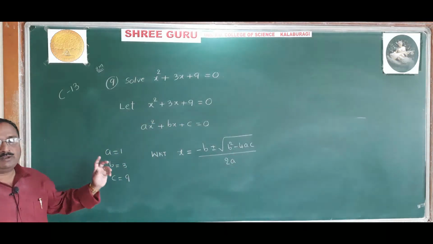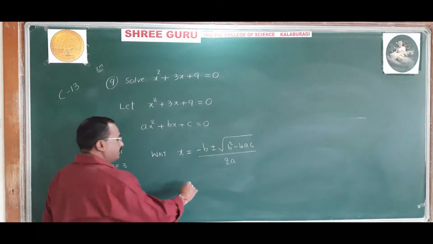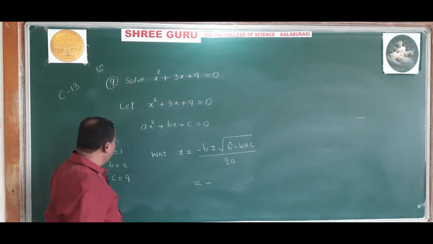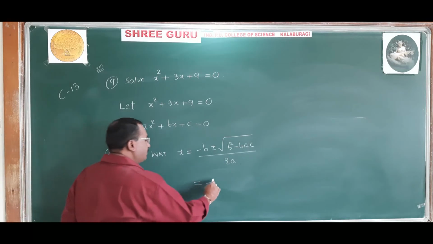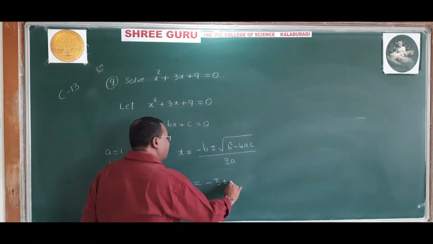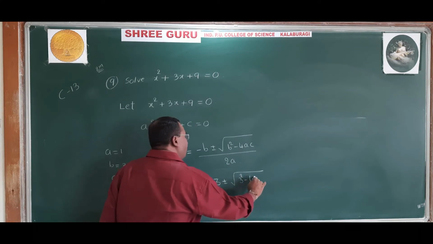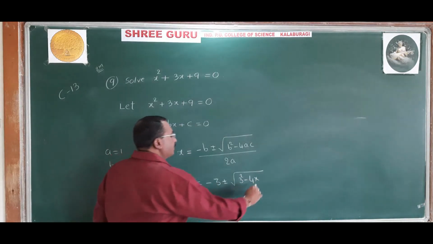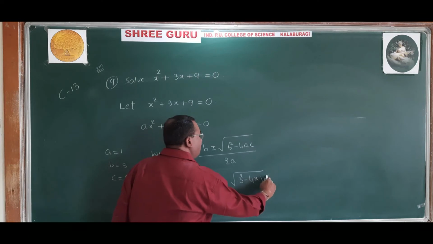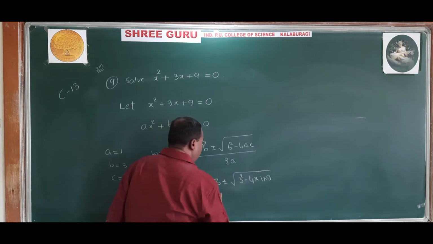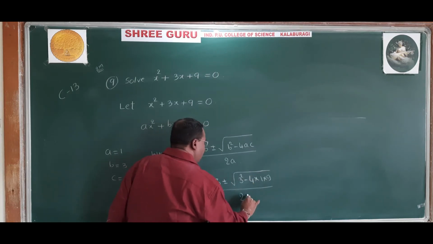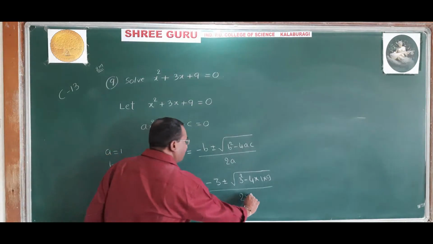Substitute a value, b value, c value. That is minus b, where b is 3, plus or minus square root of 3 square minus 4, a is 1, c is 9, divided by 2 times a, which is 1.